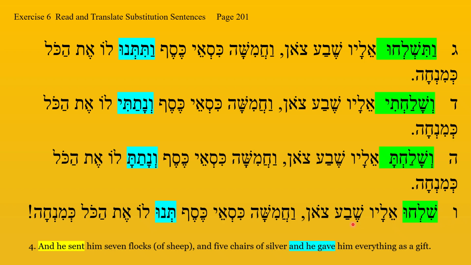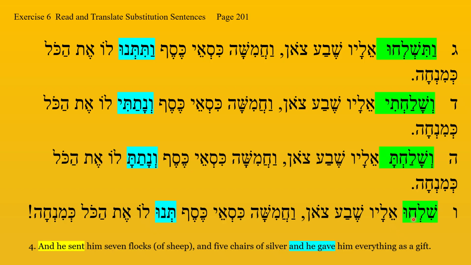Vav. So here we have again there's no vav connected here, so it's just going to be straight reading, and we have the command form, the command tense here.